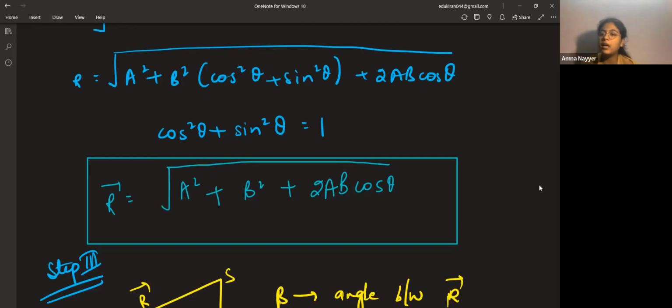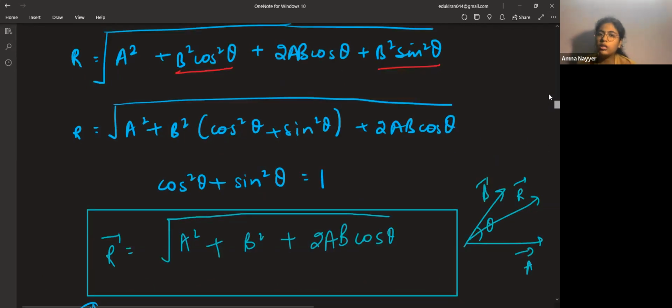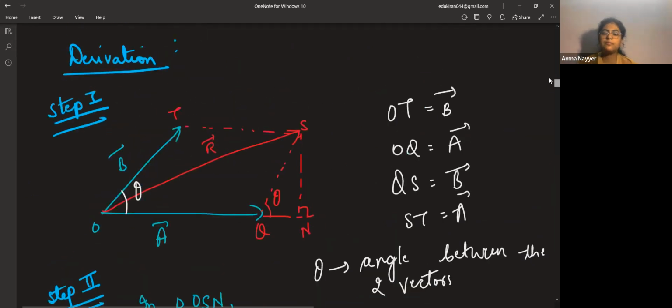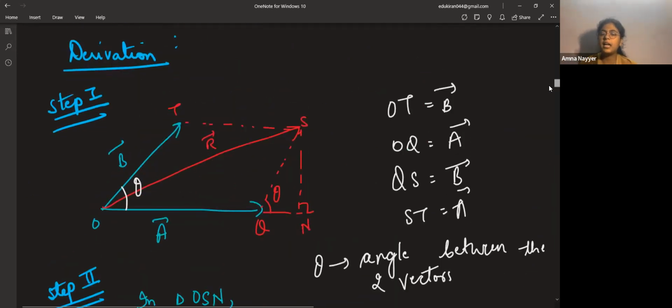If A and B are two vectors subtending angle theta, this is how their resultant's magnitude will be given. Diagram also we have done. What is left is direction, which I'll do in the next class only, because otherwise you'll mix up things. Note down this part. Direction, I'll do it separately.